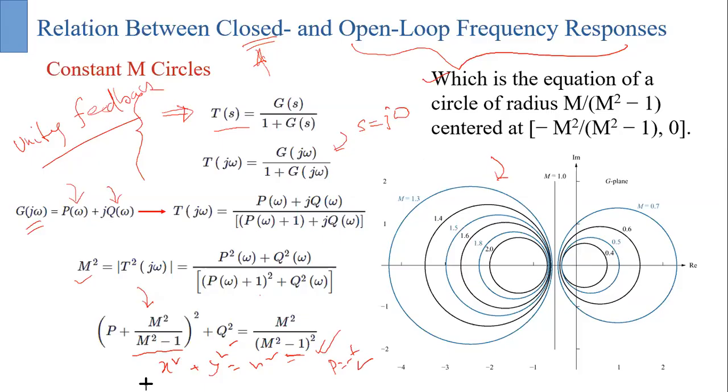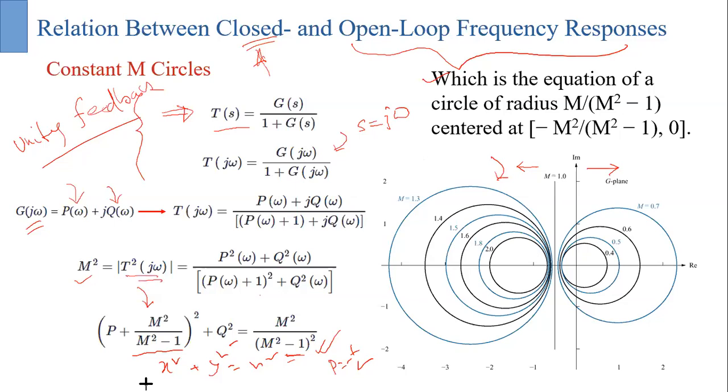So for smaller values of m, we are moving in this side, and for higher values of m, we are moving in this side. So you just try maybe one or two example m values, and then we are going to see that this is what we are going to get. So these are the M circles, or basically the magnitude of the closed loop transfer function.